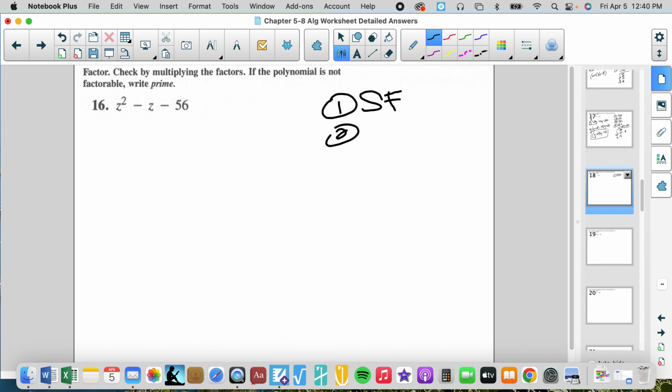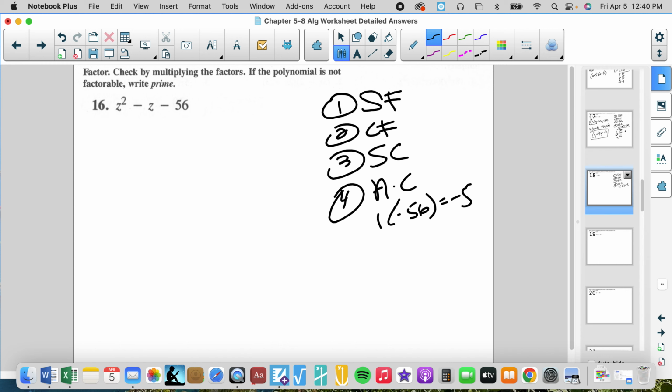Standard form, common factor, special case, A times C. 1 and 56, 2 and 28, 3, no, 4, yes, 4 and 14, 5, no, 7, yes, 7 and 8.